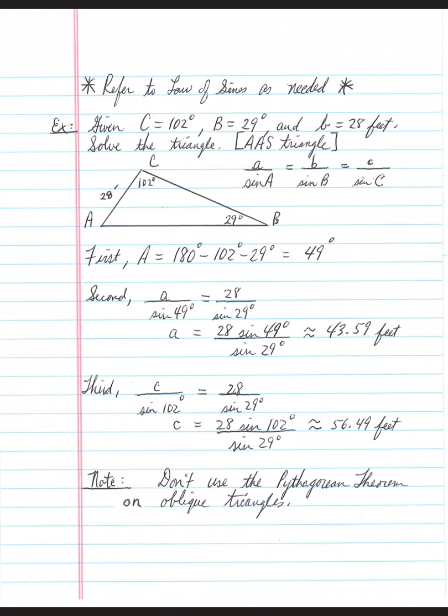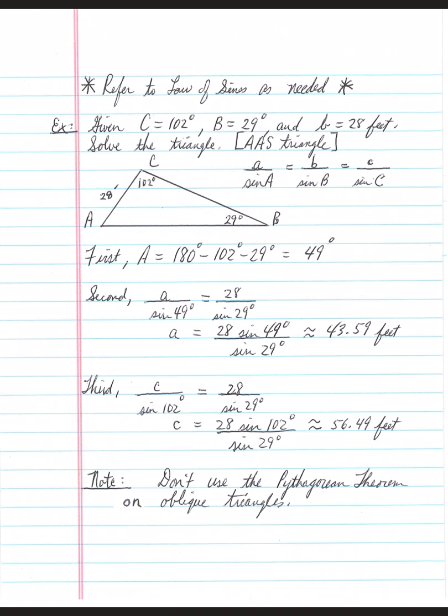Now, because none of these angles are 90 degrees, we can use what's called law of sines, and it's setting up a proportion of a side length to its opposing sine of that angle.